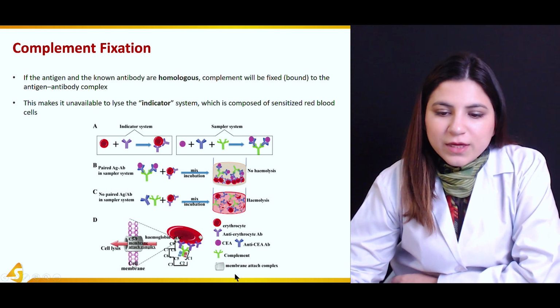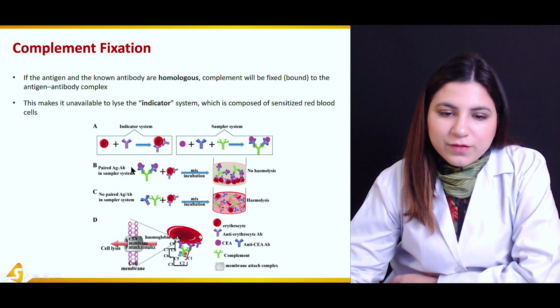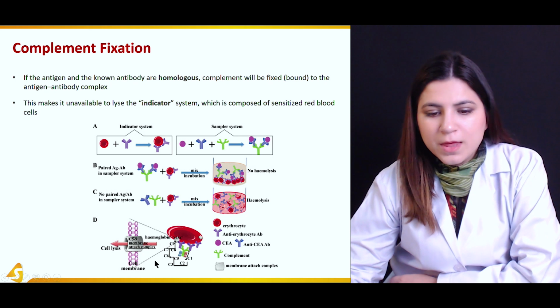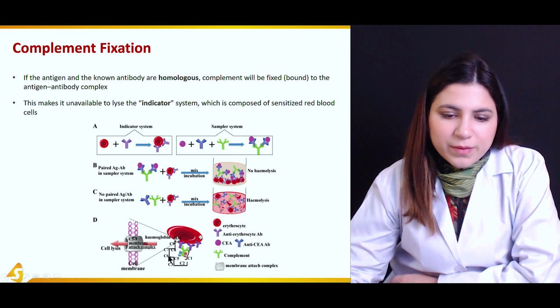So we have the erythrocytes here. We have the anti-erythrocyte antibodies. Then we have the CEA. Then we have the anti-CEA antibodies. We have the complement system, and we have a membrane that basically attaches to this whole system. And this cell membrane will basically attach the complement system to itself.